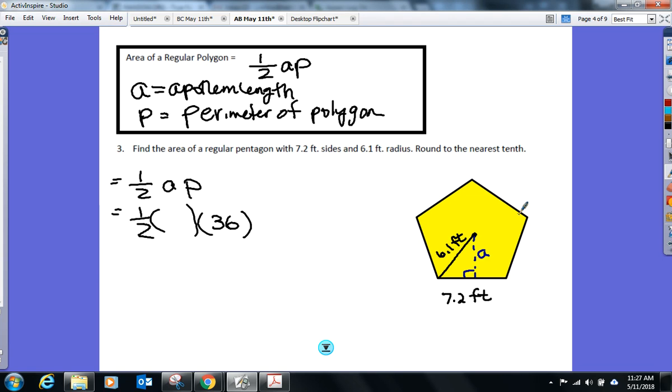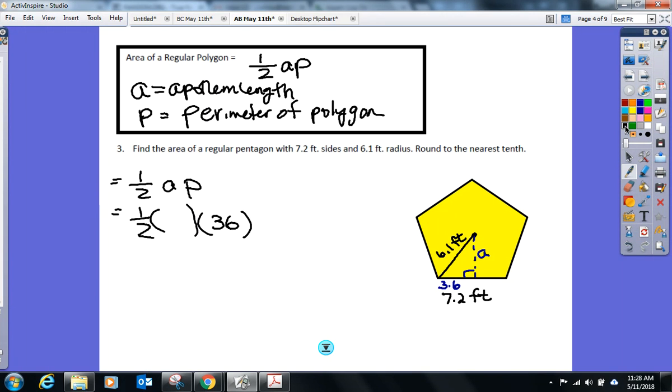Say a little louder for everybody to hear. Not only does the apothem bisect the angle, it also bisects the side. Correct. So that 7.2 is going to get split in half, and I can do what? Pythagorean Theorem. Yep. So the apothem splits the side in half, so now I'm looking at, what, 3.6?